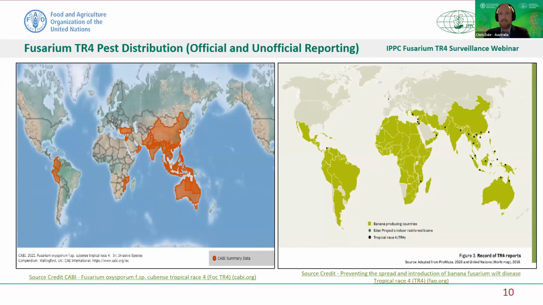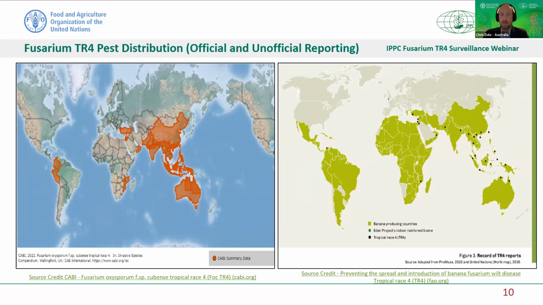Importantly, there's official and unofficial reporting. So in terms of trade and market access and international negotiation, the official ISPM 17 pest reporting and national reporting obligations provide the official register of pest status.